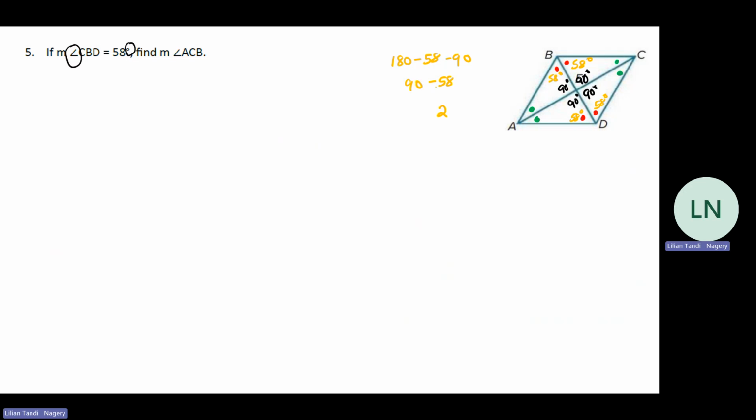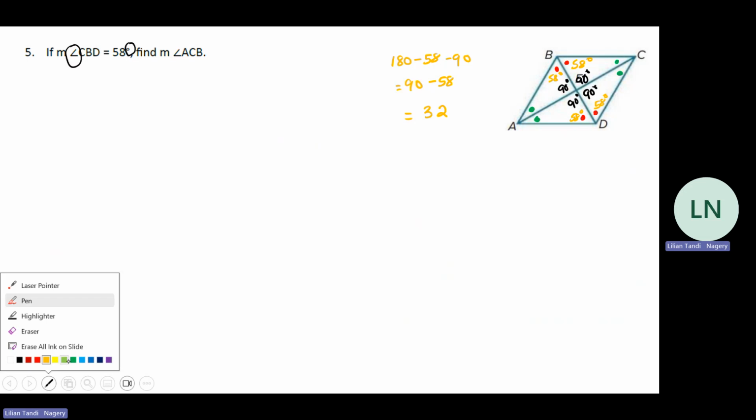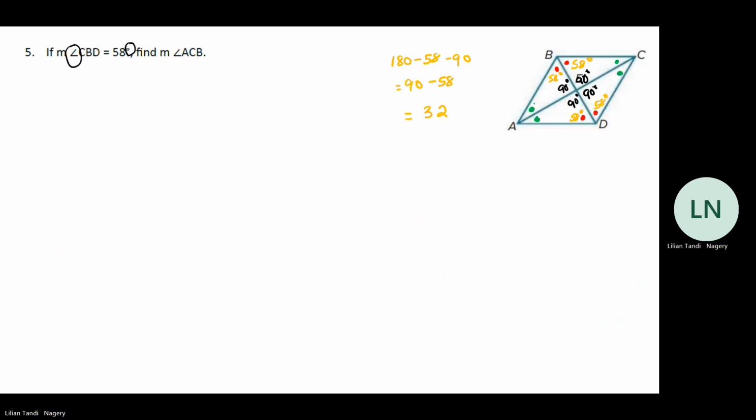I borrowed 8. That should be 32. Okay? So the green angle is 32 degrees, 32 degrees, 32 degrees, 32 degrees, 32 degrees. Okay? So let's confirm. 180 minus 90 minus 58. Yes, 32.